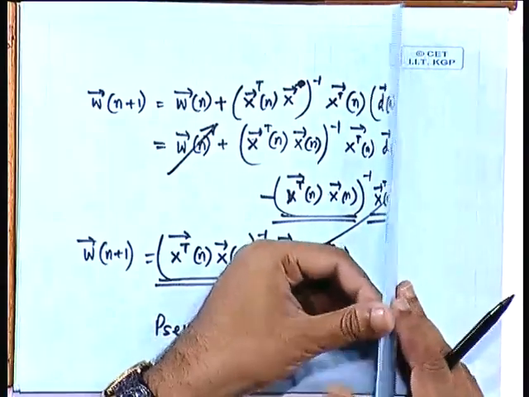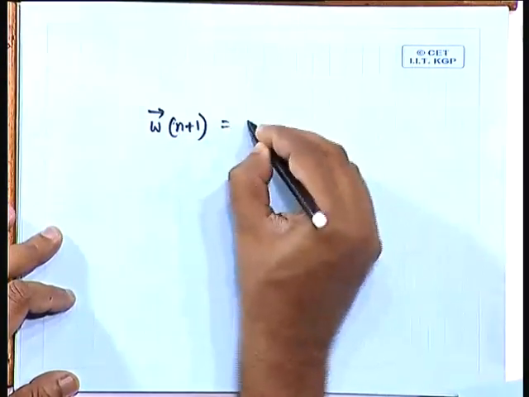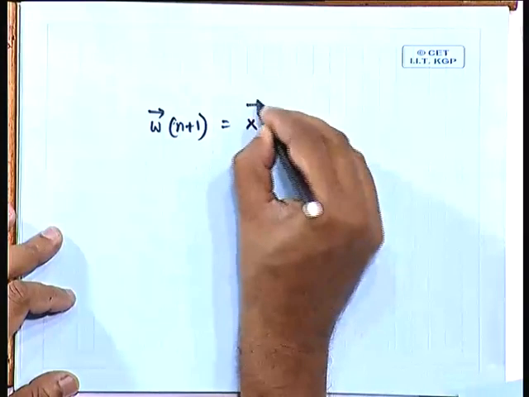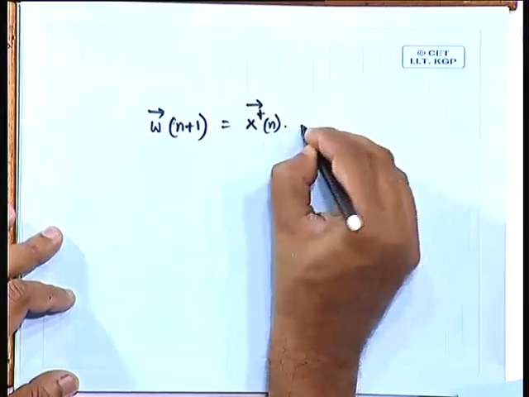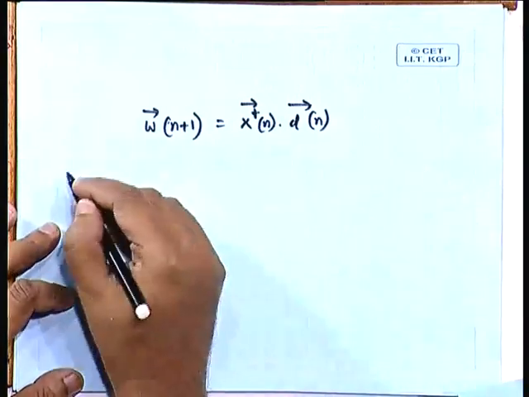So, we are going to obtain W n plus 1 as the pseudo inverse of X n times d n, right.